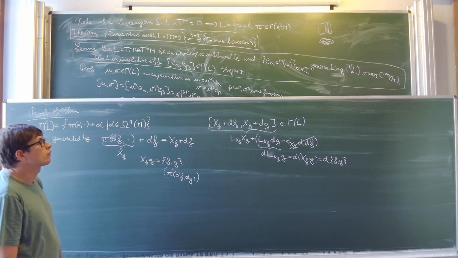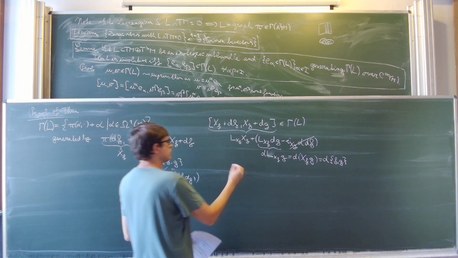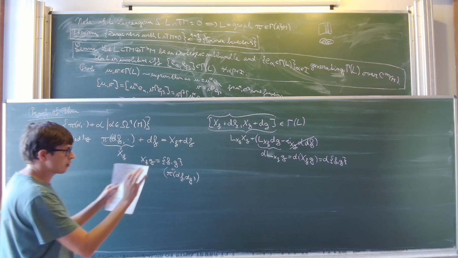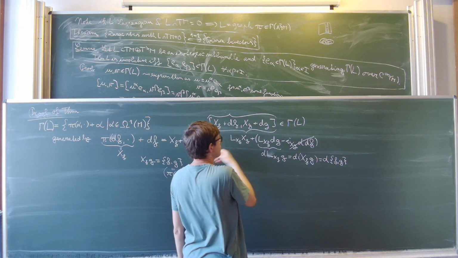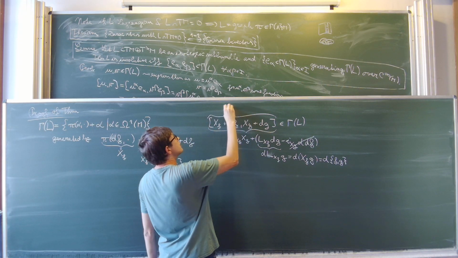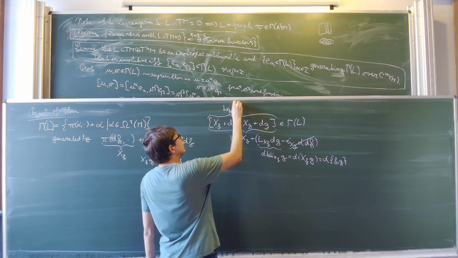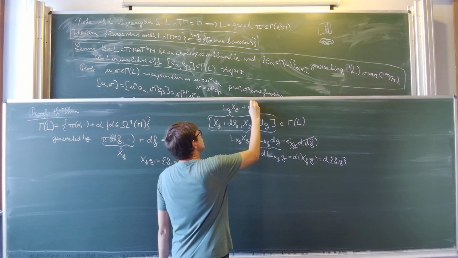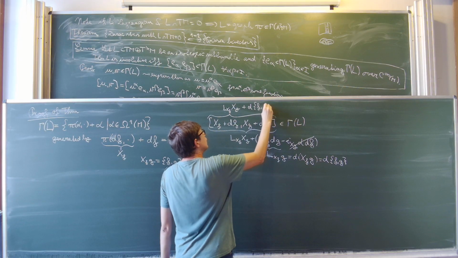So overall, we haven't used any assumption yet. This is just writing things in terms of definitions. So this thing is really L_XF XG, and the second part is d of the Poisson bracket.